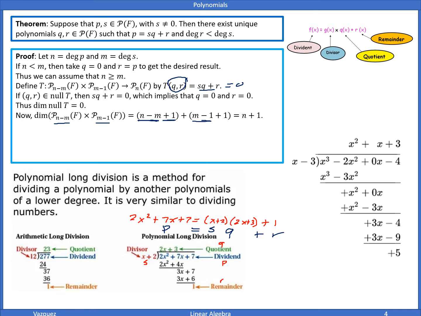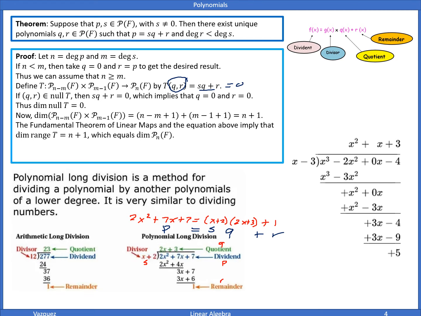Same thing over here, m minus 1 plus 1, which, I mean, we just subtract, add whatever we need to do, we get n plus 1. So we can use the fundamental theorem of linear maps to tell us that the dimension of the range of T is n plus 1, which is exactly equal to the dimension of P sub n of F, right?